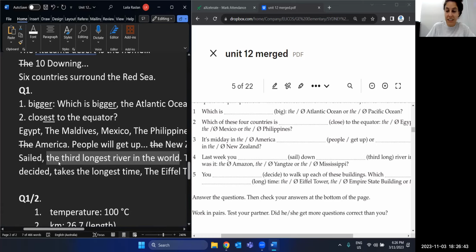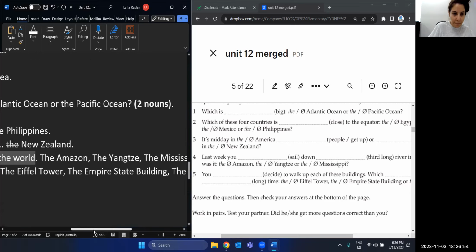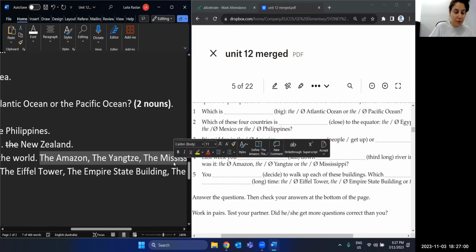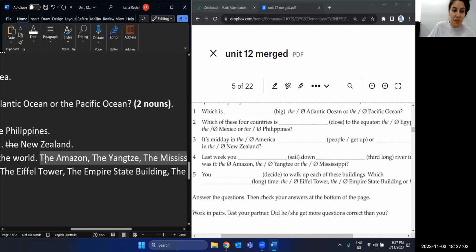So we need to say the here. Which was it? The Amazon, Yangtze, or the Mississippi, because they're all names of rivers. So we need to say the Amazon River, the Yangtze River, or the Mississippi. We need to put the.